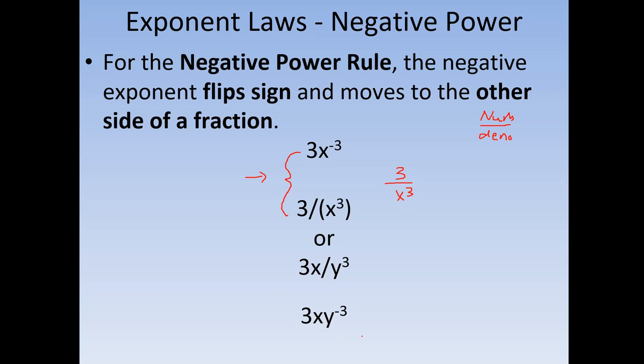Some of this has to do with the fact that when I type things up in here, as you can see with how I wrote these two equations, it's not that easy for me to write it in fraction form when I'm typing it out. So sometimes I use the negative power rule in order to get it all into one single line like this, so that it's easier for me to type.